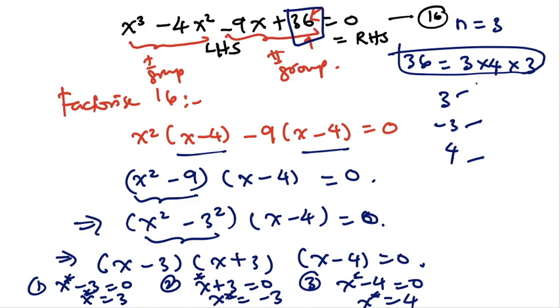For instance, 36 divided by 3, you get an exact integer, which is 12. Minus 3 here is a divisor of 36, in which you get minus 12. 4 here is also a divisor of 36, in which you get 9. So all of these are divisors of 36.